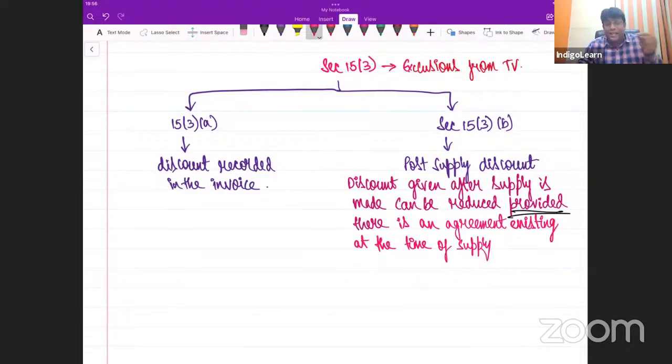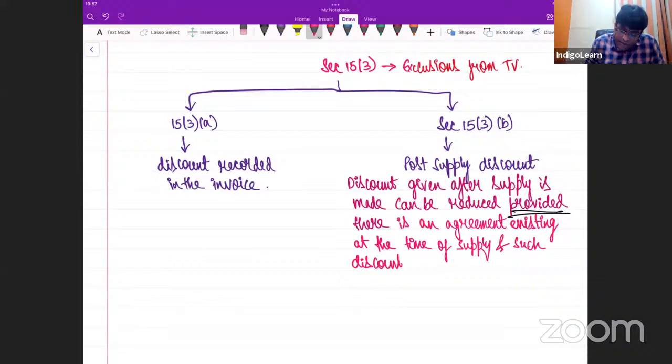Agreement is there at the time of supply itself. That is a very, very important point. It cannot be a random discount which is suddenly decided. It should very clearly be an agreement existing at the time of supply.